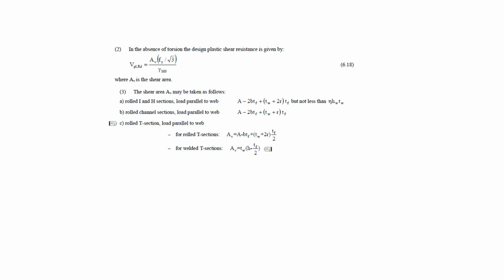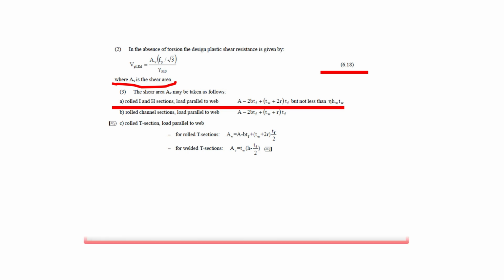For class 1 section, design plastic shear resistance, VPL,RD, is given by equation 6.18. AV is the shear area, as the section is a rolled I and H section, and the applied load is parallel to the web. Thus in our case, AV can be calculated using equation 3A.